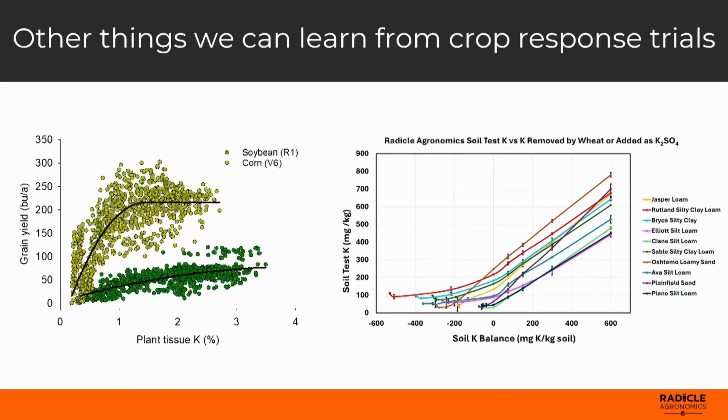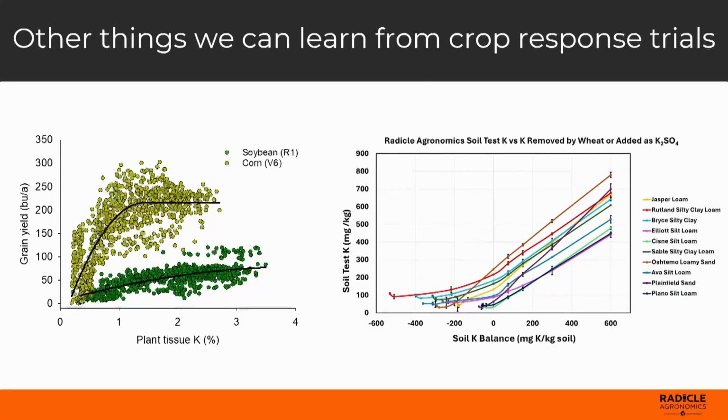The other thing from this graph is that not all soils have the same slope, and every one of these, when you start going into the negative, the slope flattens out. So that means that the buffer capacity of a soil for potassium, and this is also true for phosphorus, is dependent on the soil test level.